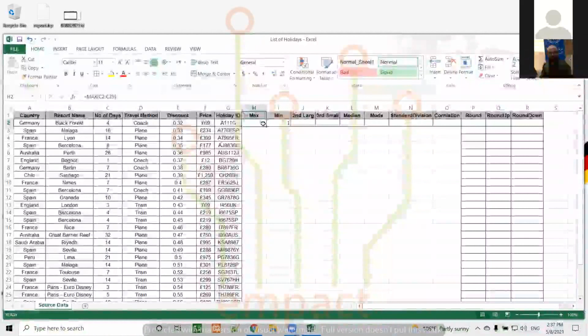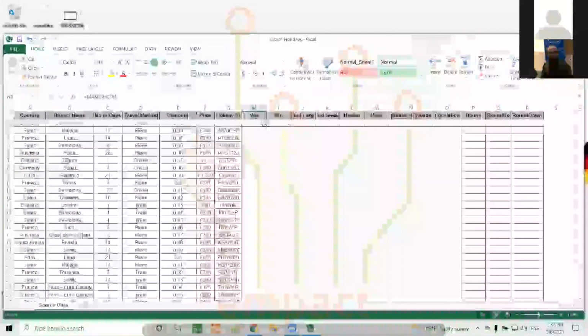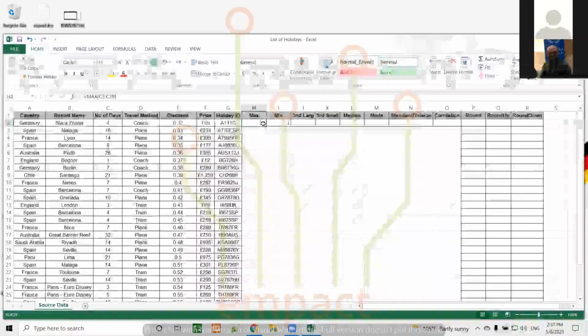Well, we said that we are doing statistical analysis. So when we are doing statistical analysis, I want us to know what the first largest number is, what the second largest number is, and what the third largest number is, and also for the smallest numbers.